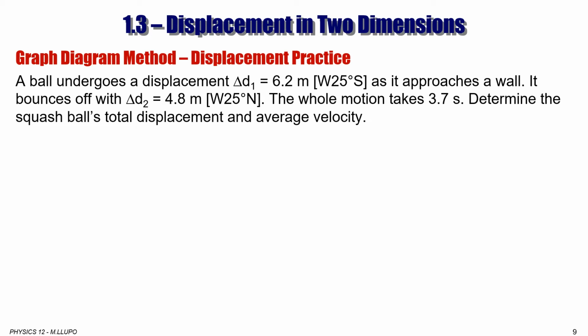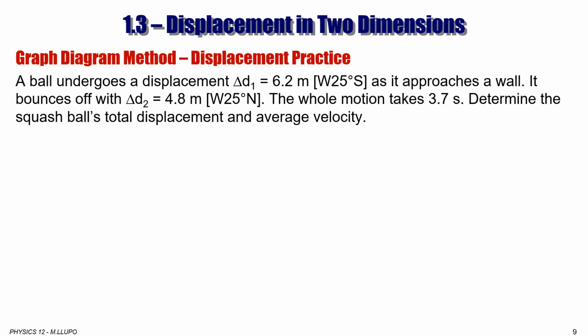It's about practice. Okay, so a ball undergoes a displacement of delta D1, 6.2 meters west 25 south, as it approaches the wall. It bounces off with a delta D2 equal to 4.8 meters west 25 north. The whole motion takes 3.7 seconds, that is the time.